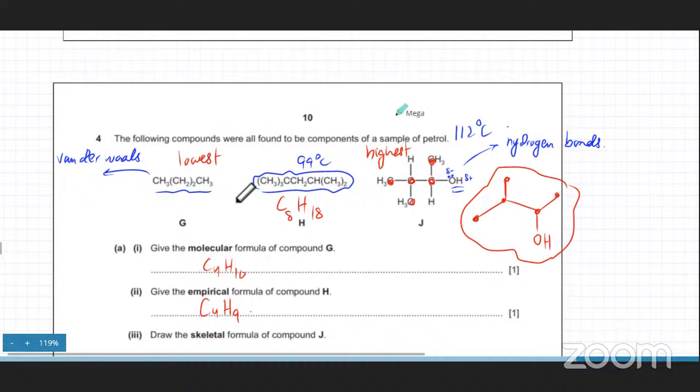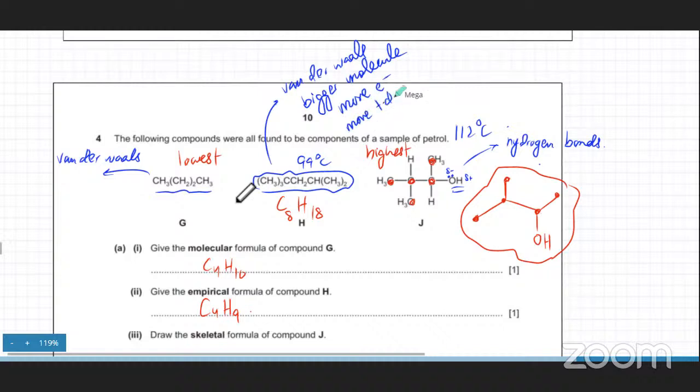Okay, so you're going to comment on this as well, because it's a 4-mark question. So it also has van der Waals forces, and since it's a bigger molecule and has more electrons, there would be more temporary dipole induced dipole attraction, which is why it's almost the same as the hydrogen bonding molecule, because that molecule is small.